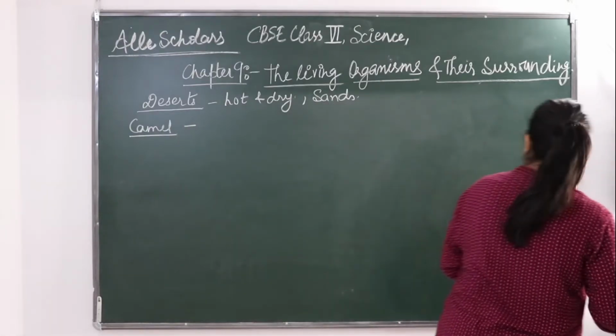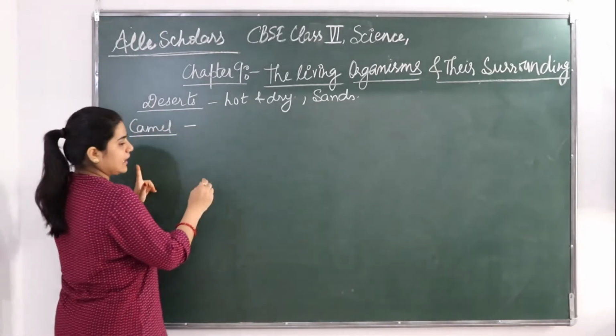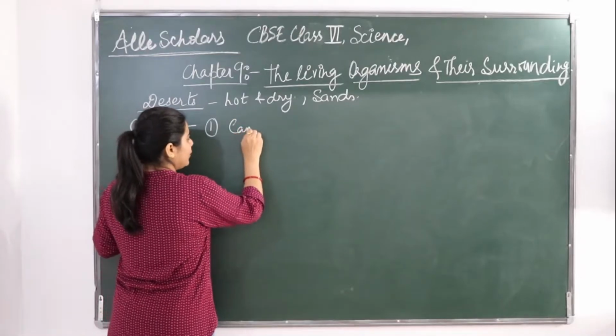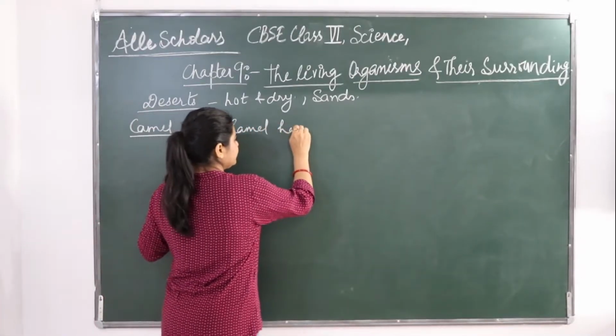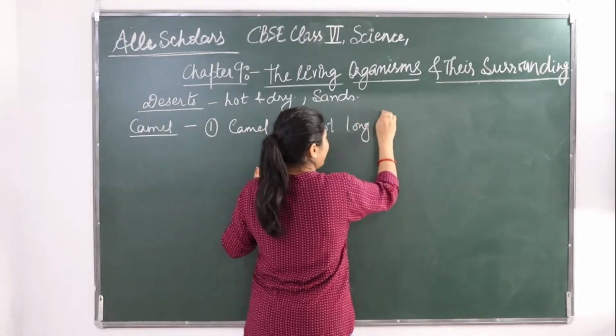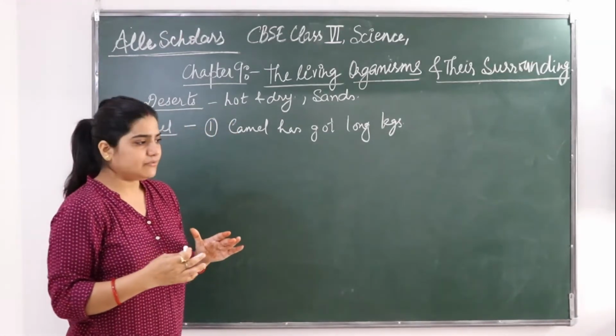Next we will, first I will be telling you about camel. So the first adaptation about camel is that camel has got long legs. Which type of legs? Long legs. Now these long legs, how is it going to benefit it?